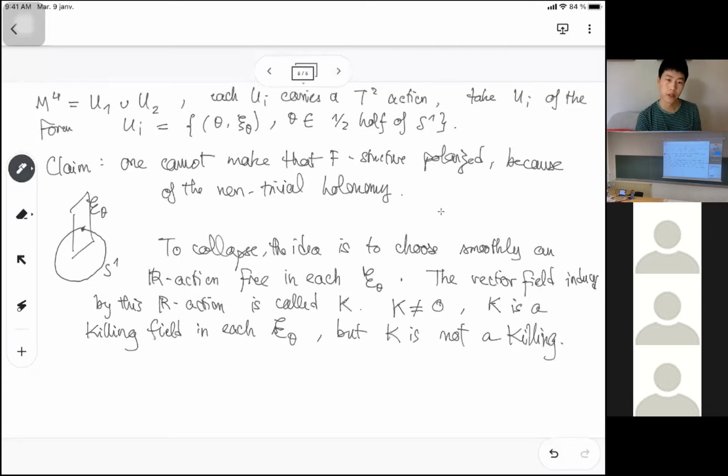This vector field is nowhere vanishing, so you hope to apply the rescaling trick to that vector field K. Just rescale the metric along that K. But the problem is that this K is only a killing field when you look at its restriction to a slice. So in any E theta, K is a killing field, but K is not a killing field in the whole manifold.